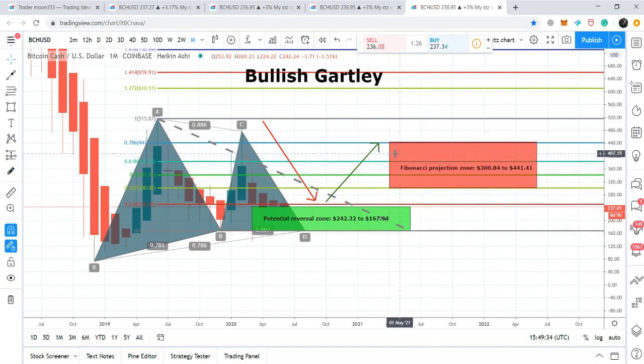If it crosses up this level of 0.786 Fibonacci projection, then it can even start a more powerful bullish move than the previous one, because this 0.786 Fibonacci projection level is a really very tough and powerful resistance for the price action. Therefore, in order to achieve the highest price ever, or at least the previous highest price level, it will be really very important to cross up this level of $441.